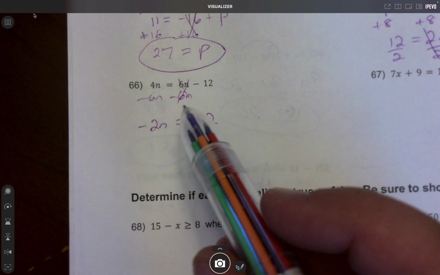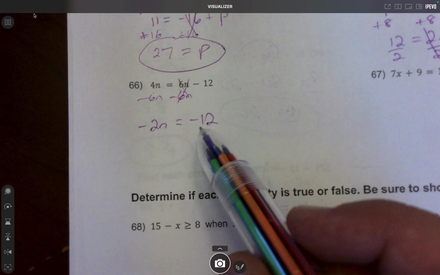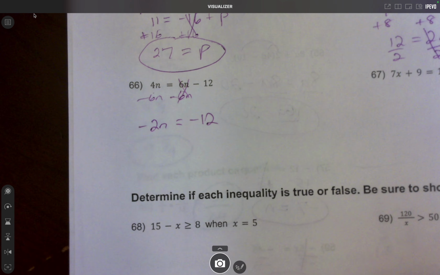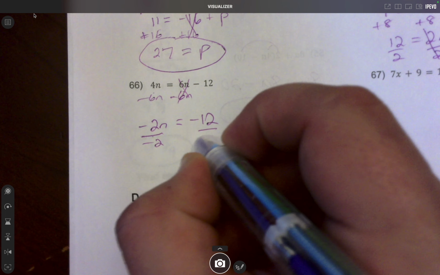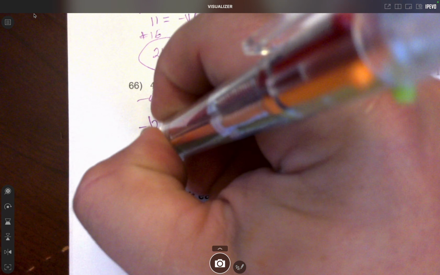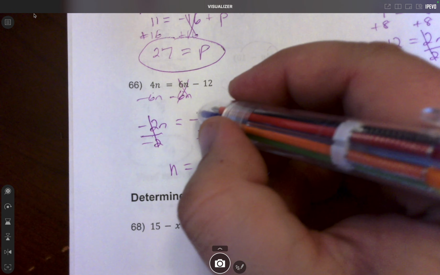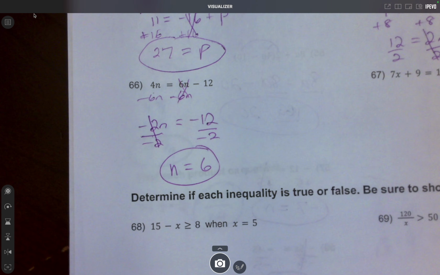So again, this is the quicker way because that way I have all the n's on one side, all the constants, well there's just one, but still all the constants on this side. Then I divide both sides by negative 2 because that's the opposite of multiplying n by negative 2. These cancel out, and negative divided by negative is equal to a positive, so I get a positive 6.